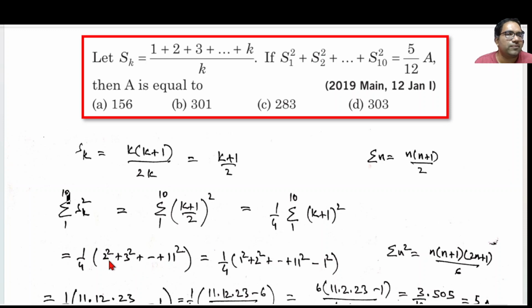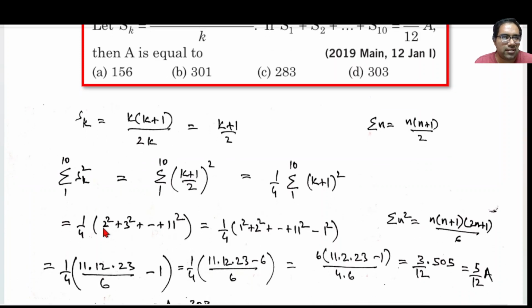We know the sum of squares of first n natural numbers. Here it is starting from 2, 2 square, 3 square. So let's do one thing: let's add 1 and subtract 1, because we have the formula for 1 square to 11 square. So let's add 1 square and subtract the same 1 square. Now we know the formula for 1 square plus 2 square up to 11 square, the sum of squares of first n natural numbers.